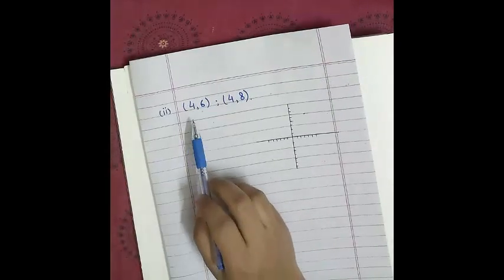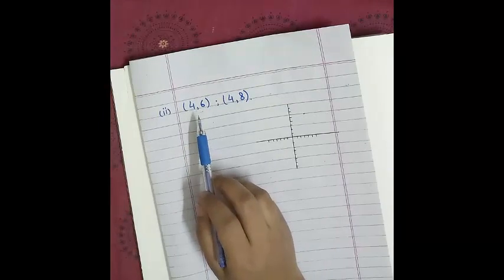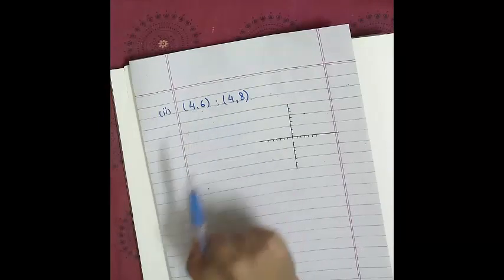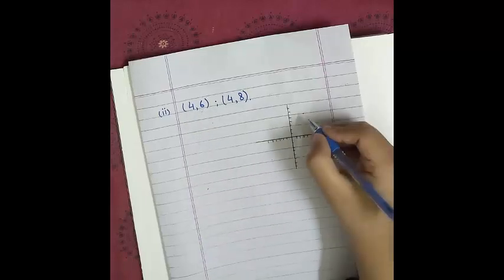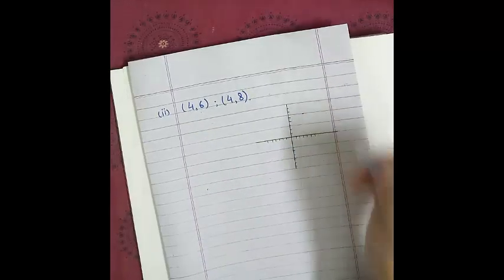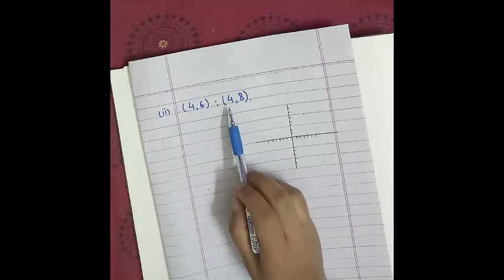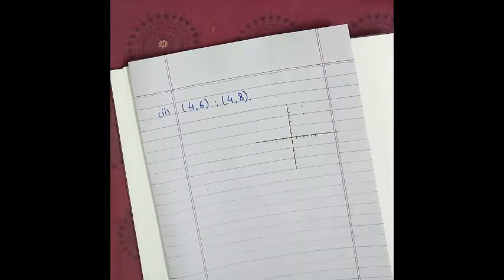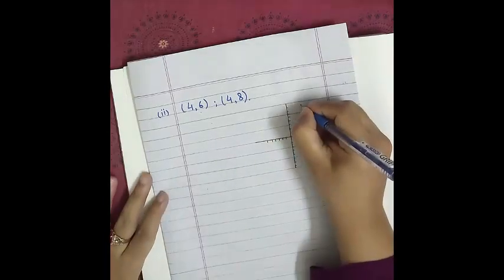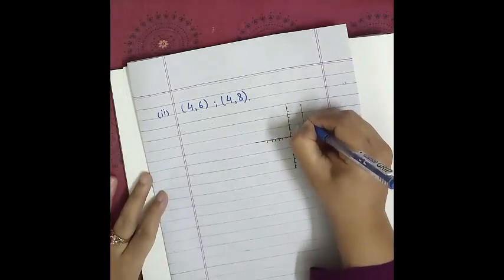So the next question is to find the slope and inclination between these 2 points. The first point is 4, 6, which lies somewhere here, and the next point is 4, 8, which lies here. So basically this is the line which we can extend.